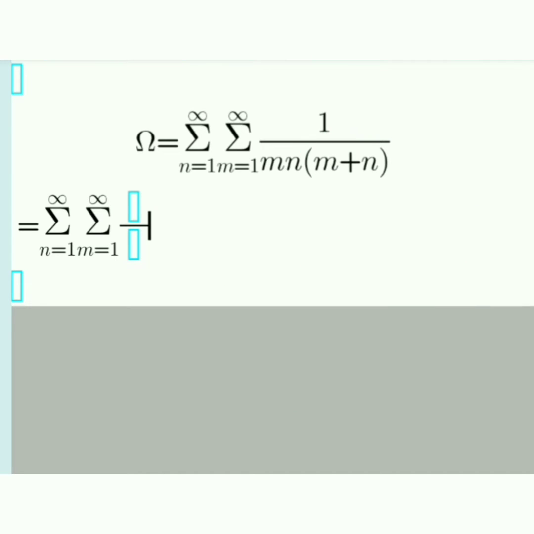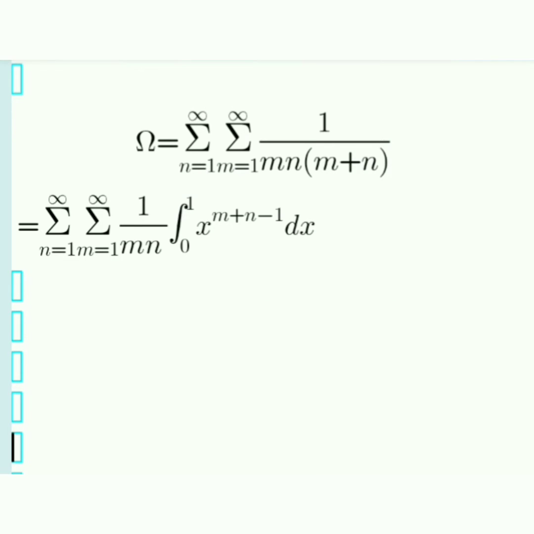I use this property. So how can I write 1 by mn into m plus n? This portion I will write as the integral from 0 to 1 of x to the power m plus n minus 1 into dx.